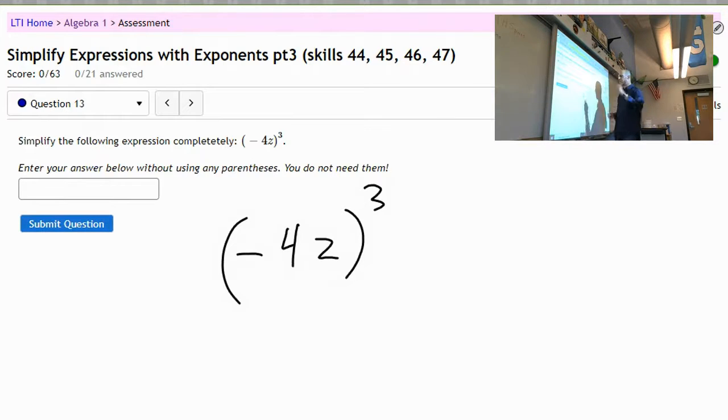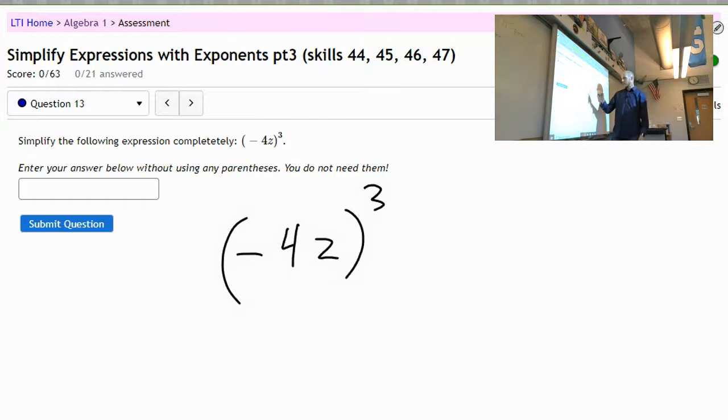Inside the parentheses, -4z, close parentheses. Raise that whole thing to the power of 3.